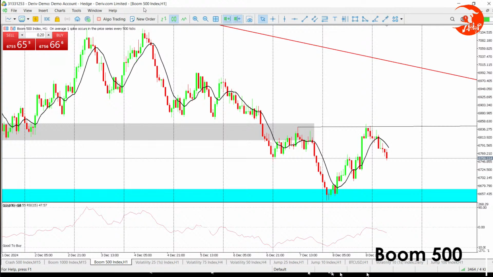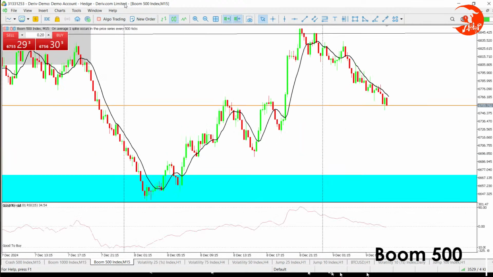If you clearly go to H1, you clearly see that the sales have already started. Price is below the 10 MA, but we sense a pullback right about there, and then later on coming for sales. Let's check on M15.